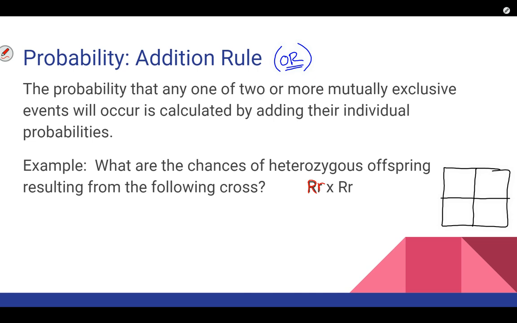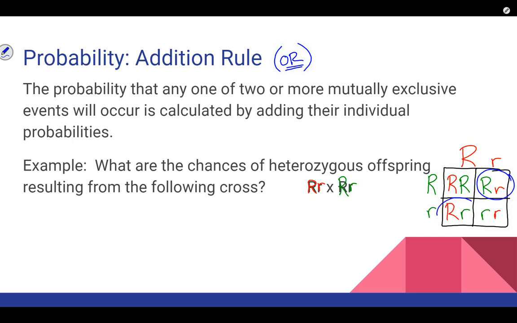So if we make one of the parents red, I'm just going to fill this all in the same color, and the other parent is going to be green, so you can tell where these alleles came from. You can see from this Punnett square that we have a 50% chance of getting heterozygous offspring, right?